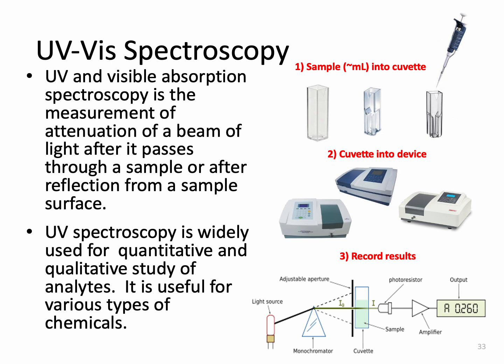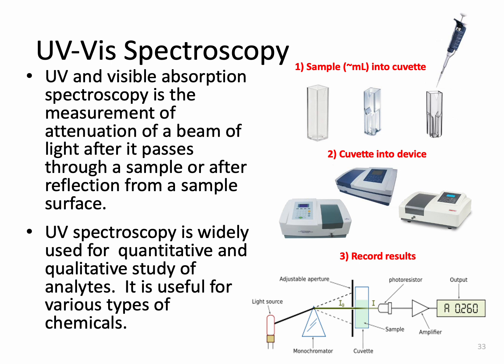In the device, we have the light source, an adjustable aperture, and the light that goes through the cuvette, through the sample. Then we have an output, which gives us the absorption of that light.